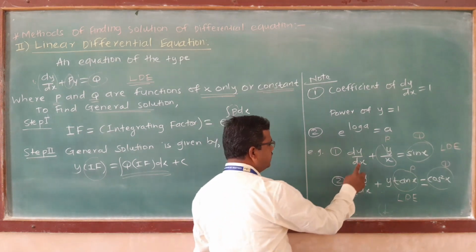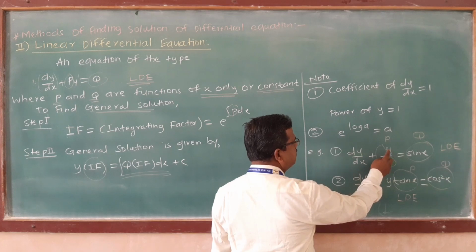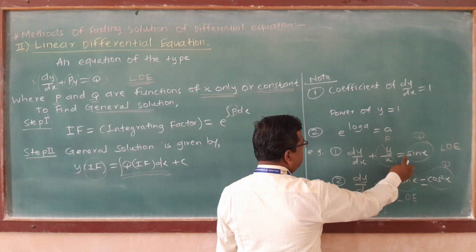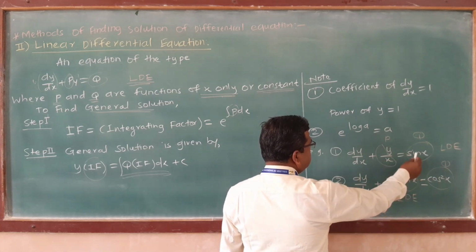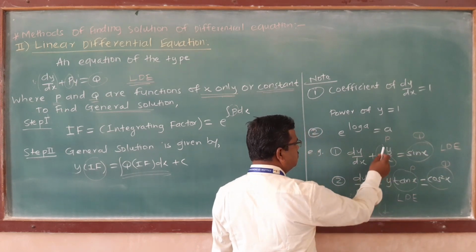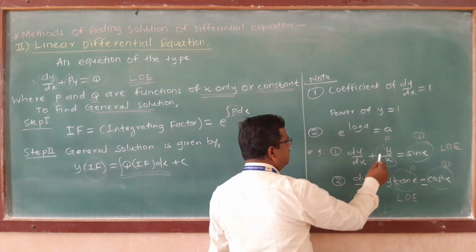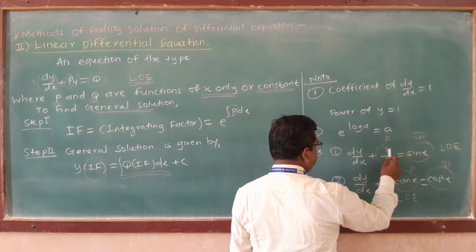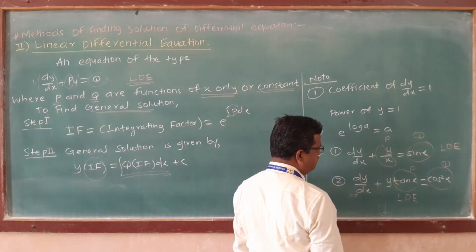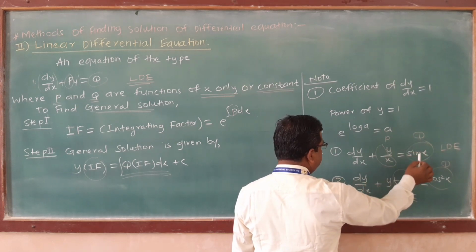Similarly, see these are some examples of linear differential equation. त्याची काही examples आहेत. dy by dx plus p, means coefficient of y, which is 1 upon x, is equal to sin x. Sin x is q, which is the right hand side. So by the definition of linear differential equation, this p and q must be functions of x. हे p आणि q x चे फंक्शन असायला पाहिजेत. ते p आहे 1 upon x आणि q आहे sin x.